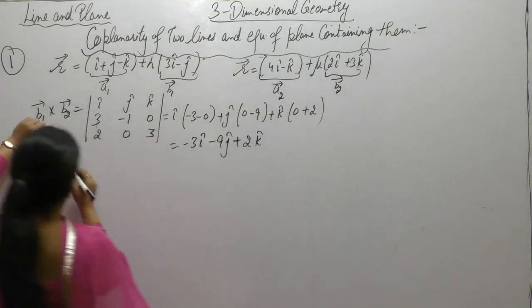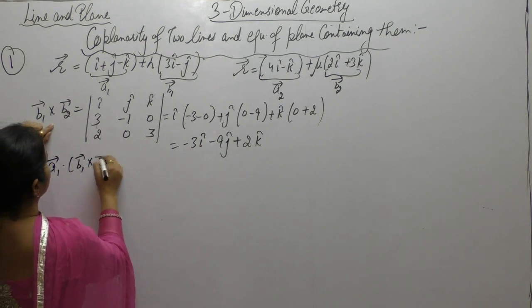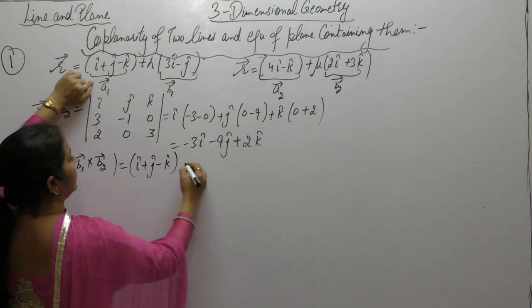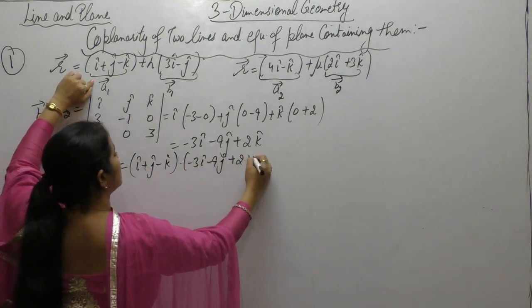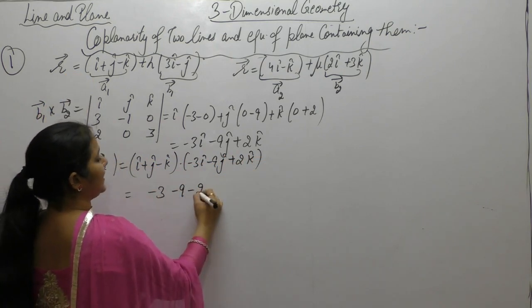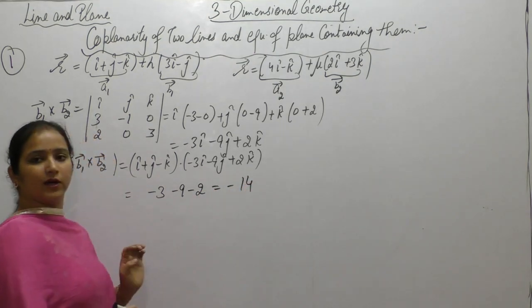Now find the value of a1 vector dot b1 cross b2. a1 vector is i plus j minus k. So minus 3, minus 9, minus 1 into 2. So we get minus 14.